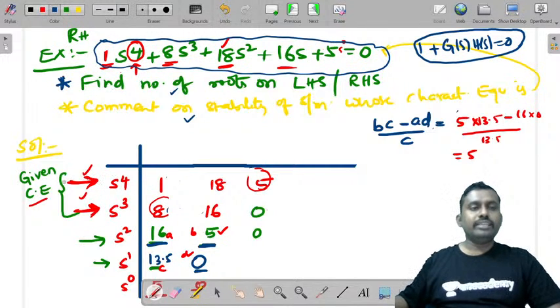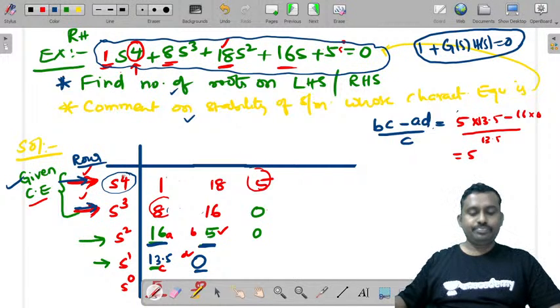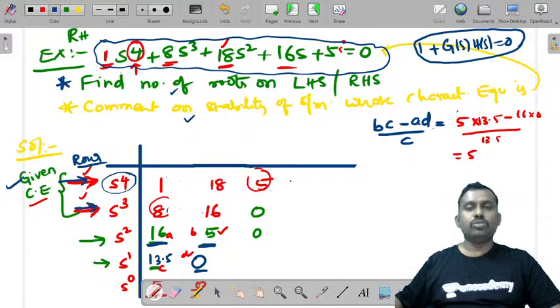In the Routh array, the first two rows are always filled by using the given characteristic equation. If the highest power is even, consider the coefficients of all even terms and write them in the first row, and in the second row write the odd terms.